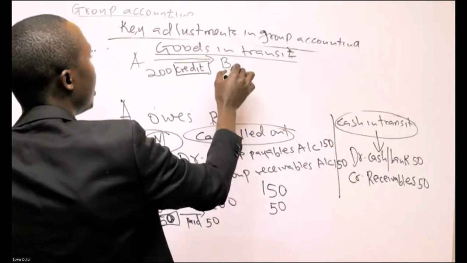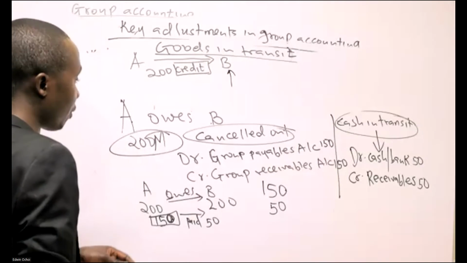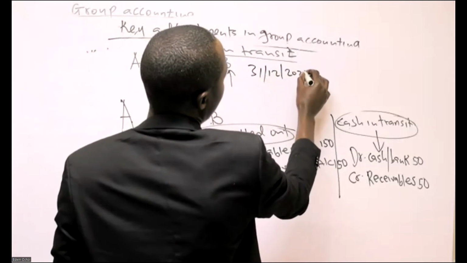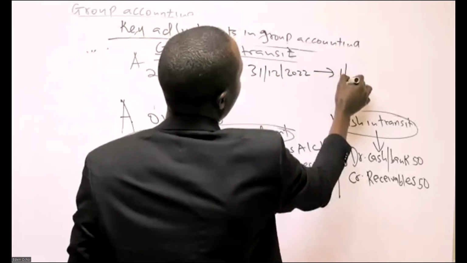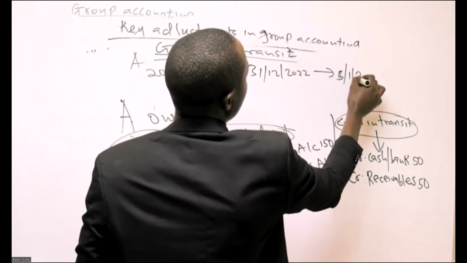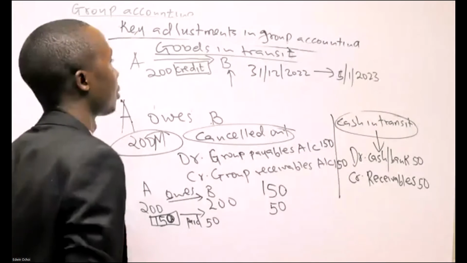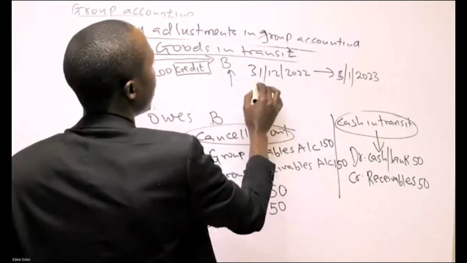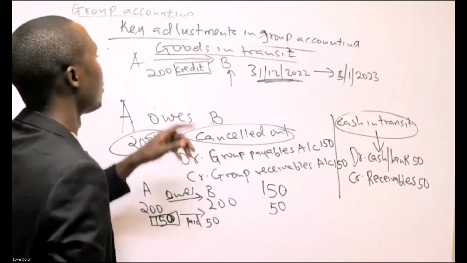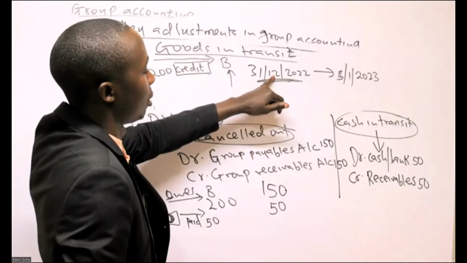But by the end of the year, these goods have not been received by B. You will obviously be told that if our financial year is ending 31st December 2022, these goods were received on, let's say, 5th January 2023, some few days after the end of the year. Remember that this financial year would have to be adjusted. These goods would have to be recorded as if they were received by the end of the year.